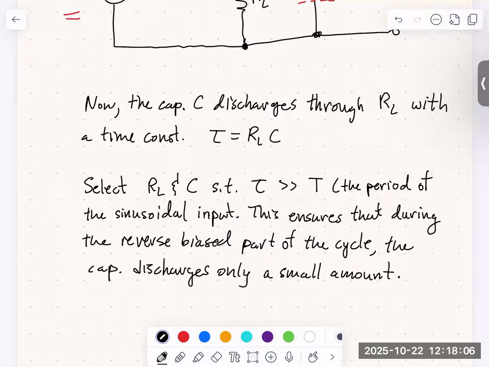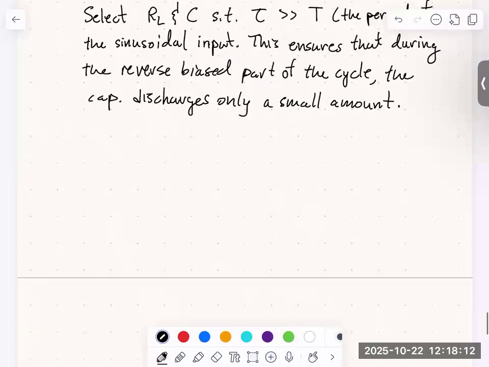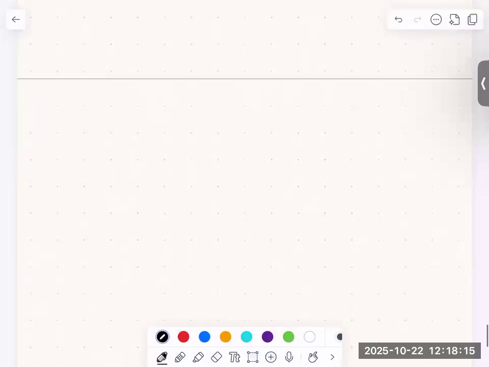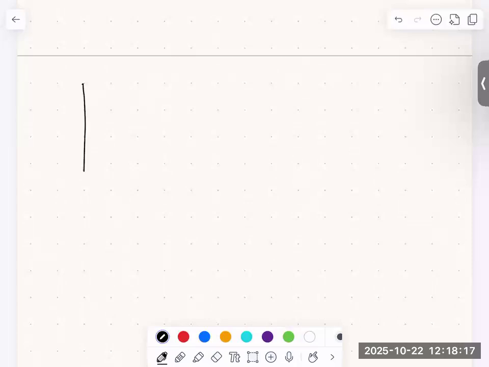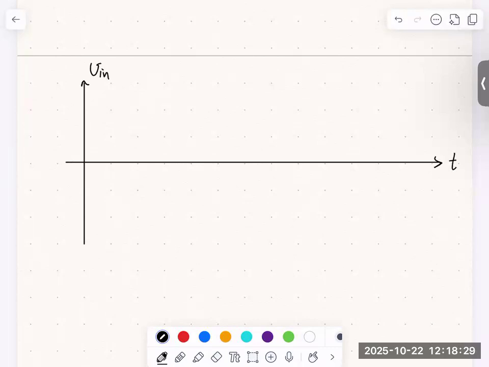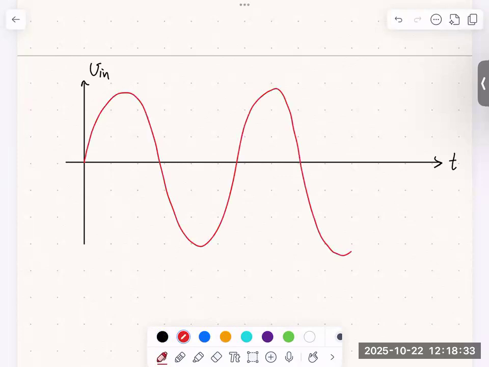Okay, so let's try to draw the input and output again for this revised circuit where we've added the capacitor in parallel with R. So here's T, here's Vin. I'll try to draw a few more cycles this time.